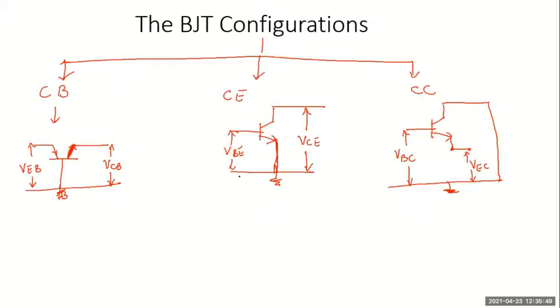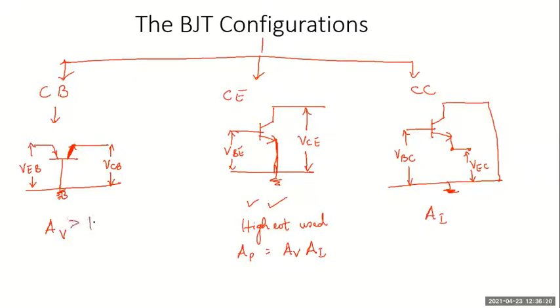Which configuration is the most used? The common emitter configuration is the highest used because this offers something known as power gain. It gives you both voltage gain and current gain, which is not possible in the other two. Whereas common base gives you only voltage gain and common collector gives you only current gain.